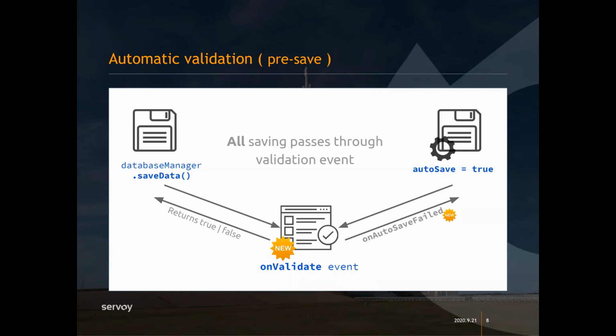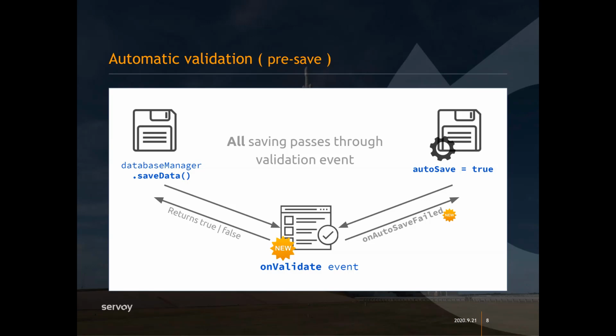I made a little diagram so you could kind of see that all saving is passing through the validator. So you do not get to the database without passing through the validator, if you've implemented the validator. And if any of the validators attaches one or more errors to the record, because you can attach more than one from different modules, then you get a failed save.